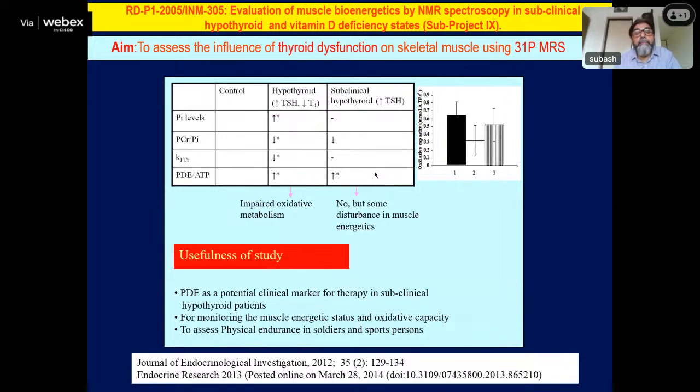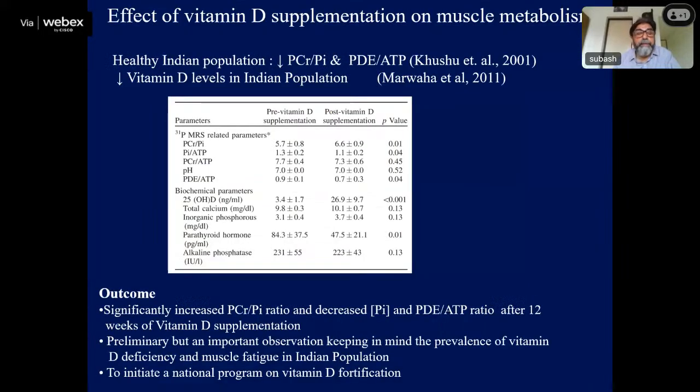So they can be treated if the Pi is going high. So this can be a very good technique to assess the physical endurance in soldiers and sports persons. You can find out who will be the good athletes by calculating their resting parameters and then looking at their oxidative capacity. One can determine the efficiency of the muscle of a sports person or the soldier.